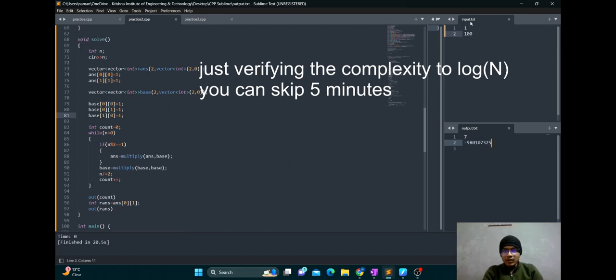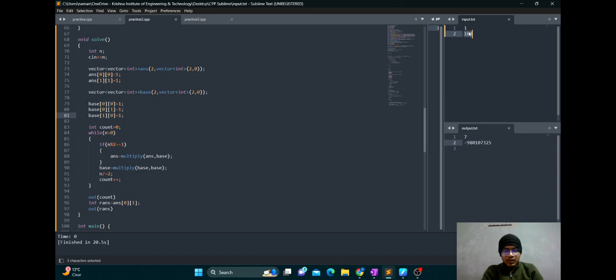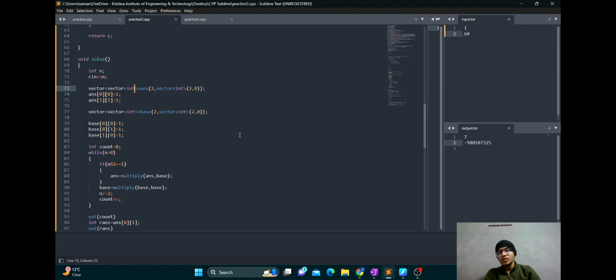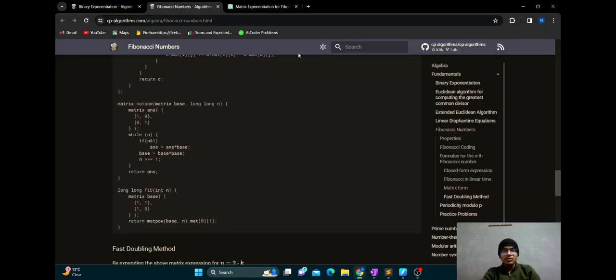So let's take another number, some smaller number, let's say the 60th number. We have just taken int. That's why it is getting overflow, because I think the 100th number is too large.